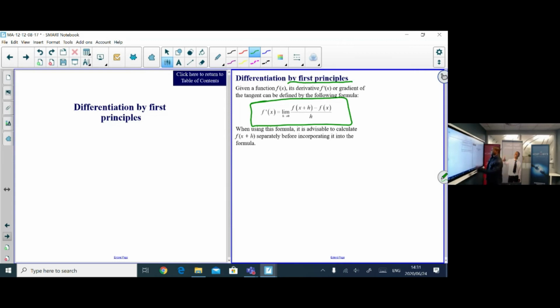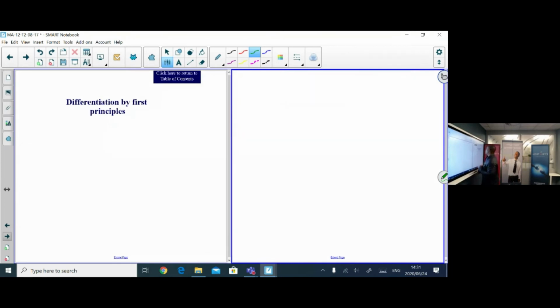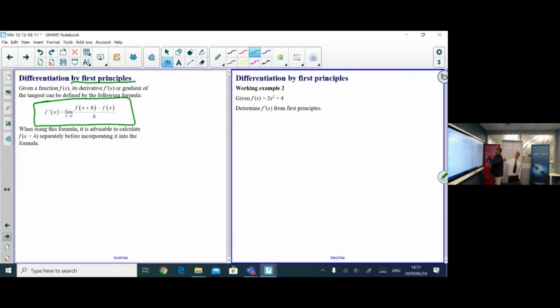So just to check the formula slightly, we will see that the formula says f prime of x, which simply means the differentiation of x, is given by the limit as h tends to 0 of f of x plus h minus f of x, all over h.